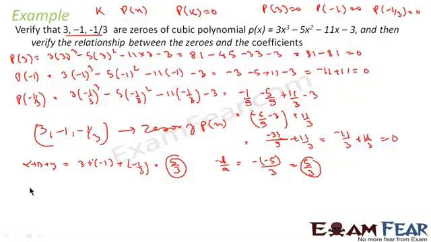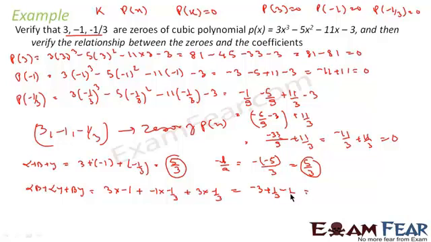Similarly, alpha beta plus alpha gamma plus beta gamma comes out to be 3 into minus 1 plus minus 1 into minus 1 by 3 plus 3 into minus 1 by 3. Correct? This turns out to be, if you find the value, minus 3 plus 1 by 3 minus 1.